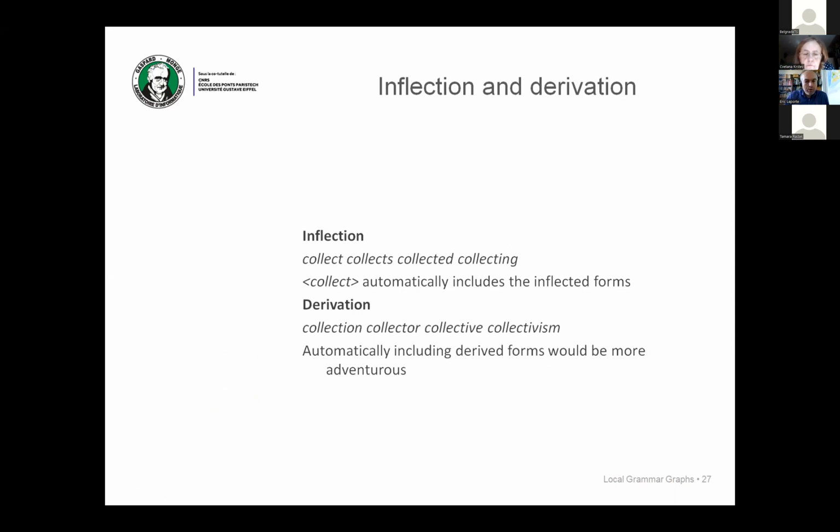It will not include the derived forms, like collection, collector, collective, collectivism, because their meaning can derive from the meaning of the lemma. So the notion of lemma is taken in the sense of inflection and not of derivation. Please interrupt me for any question.